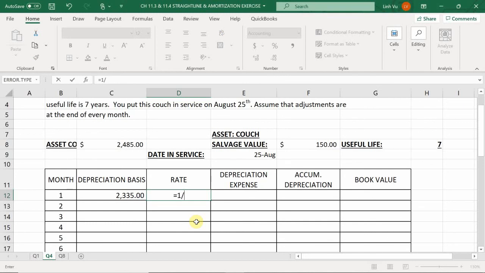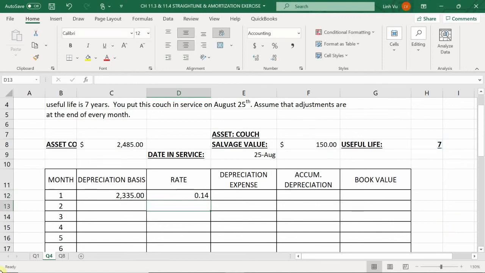The 1 divided by the 7 years. Good, which gives you 0.14, or if you actually expand it, 0.142857. So in this case, I have to use my equal round formula because I have a number that doesn't give me a very even number to divide. So in this case, I'm looking at 14.285%.